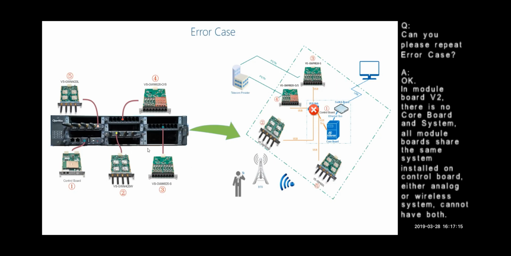But you can see we have two kinds of interface, the analog interface and the wireless interface. But we can only install one system, either wireless system or analog system. If you install the wireless system, that means you can use only board 5 and board 2. And board 4 and board 3 cannot be recognized.